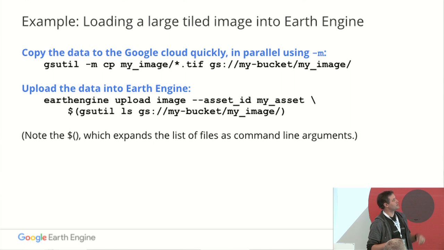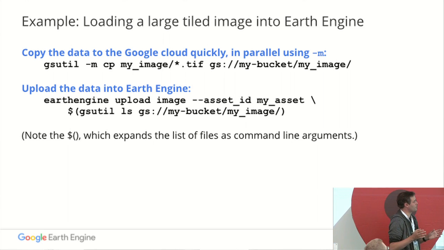You use the gsutil tool first to copy all those files up to Google's cloud. It's just like copying files around your own local network, but with a little prefix that says do it in Google's network. And then an earthengine command to upload all those geotiffs into an earthengine asset.